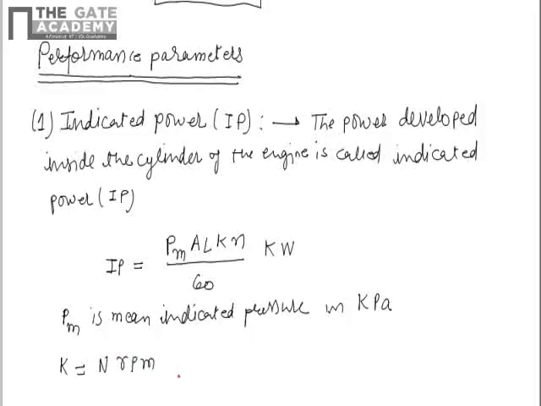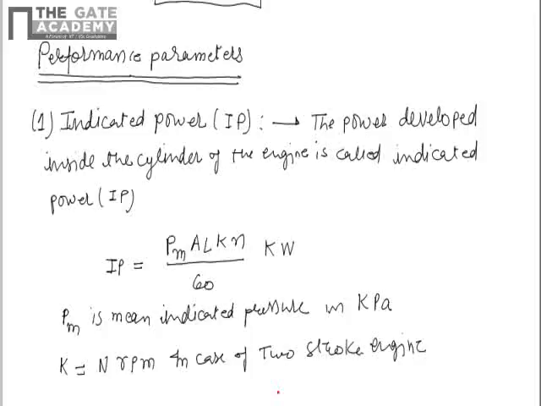K is N in case of a two-stroke engine. In IC engines we can classify the engine on the basis of the number of revolutions. In a two-stroke engine the whole cycle completes in one revolution.